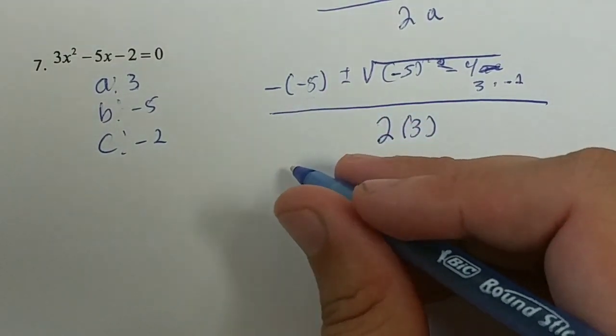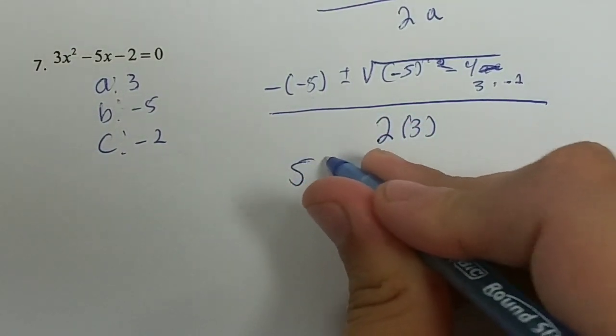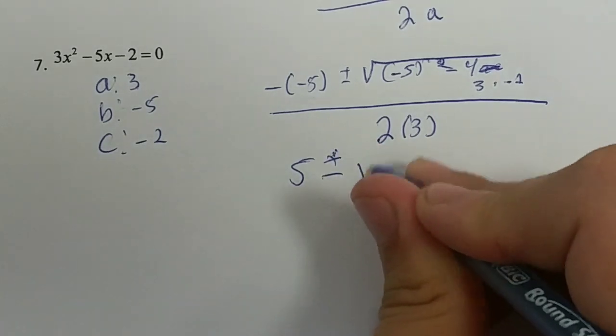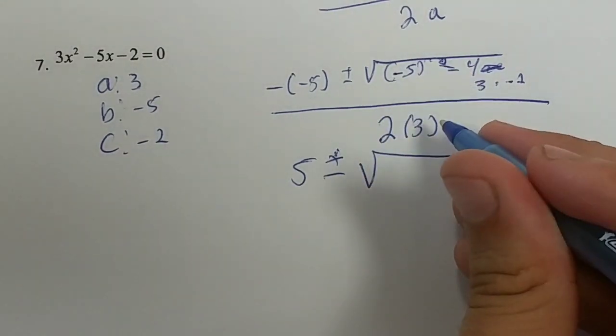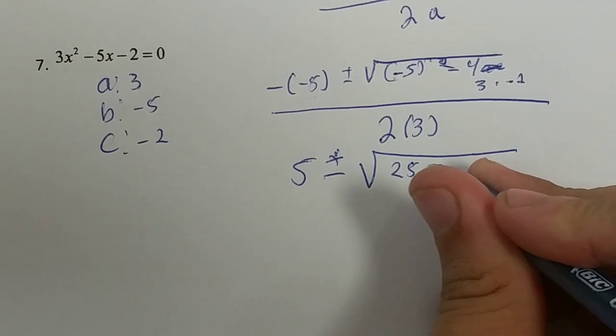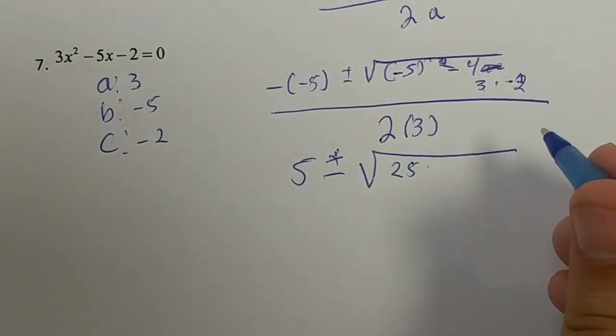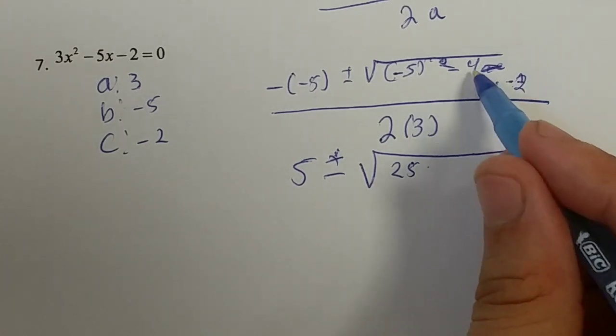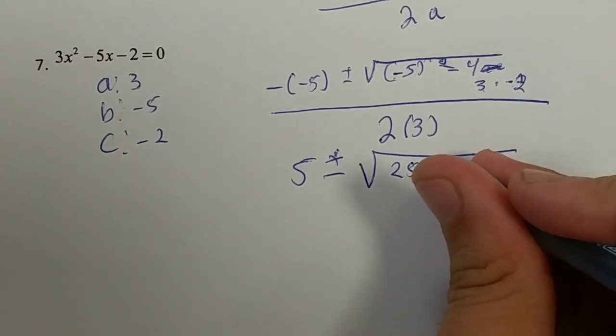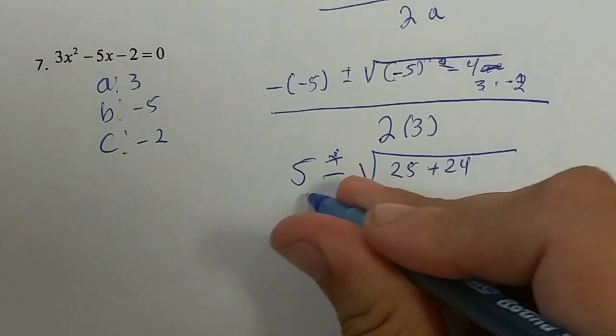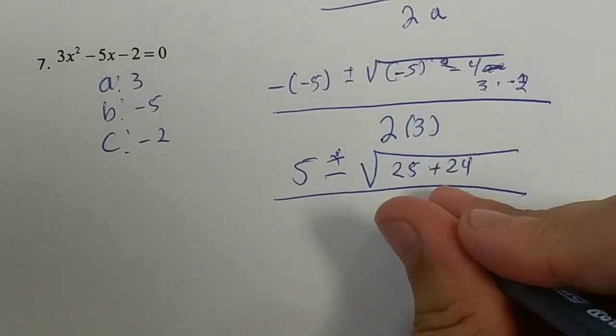So, negative negative 5 is going to be a positive 5, plus or minus the square root. Negative 5 squared is 25. Negative 4 times 3 times negative 2 is going to be negative 12 times negative 2, which is going to be plus 24. 2 times 3 is 6.